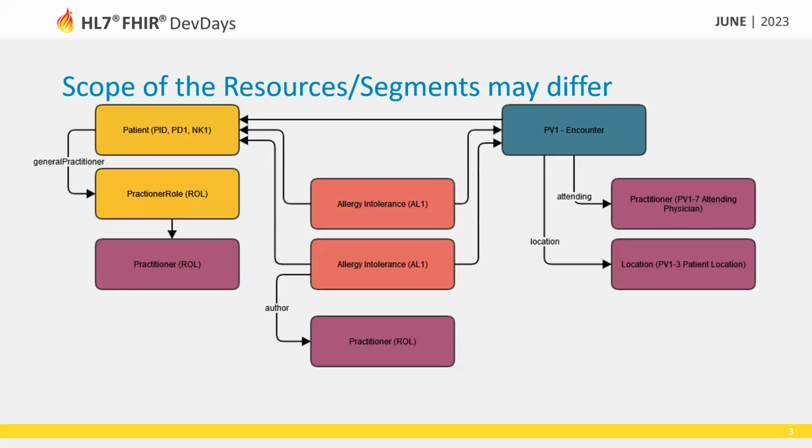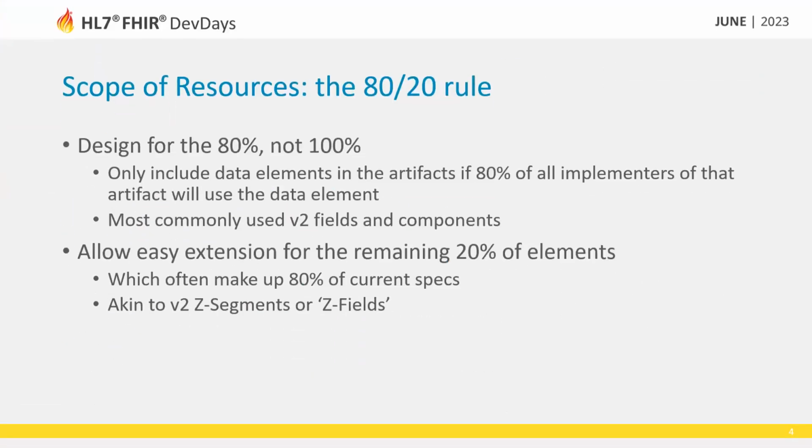But if you look at the attending practitioner, which is part of the PV1 segment, that's kind of a separate resource in FHIR. So there is not really a one-to-one relationship. Conceptually, it's a similar mechanism, but obviously not exactly the same.